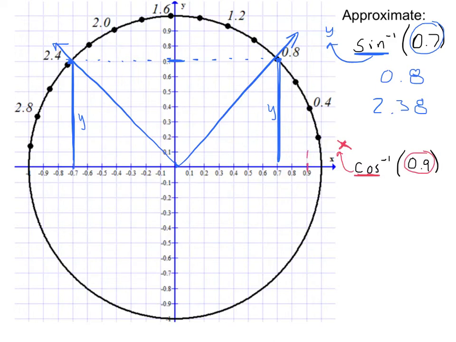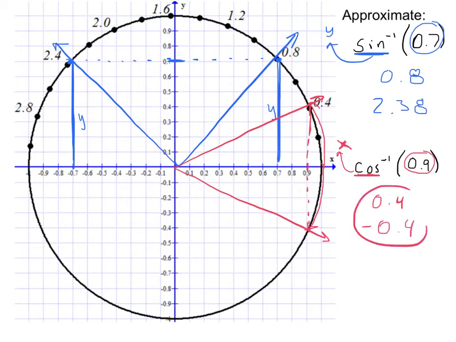In terms of angles, it looks like that's going to happen at about 0.4-ish. And then also downward. If you think about what that angle has to be down there, whatever angle I went up to here, I'm going to be going down the same amount. So this angle here would be negative 0.4. And so those are two different values that you could get for the inverse cosine of 0.9.